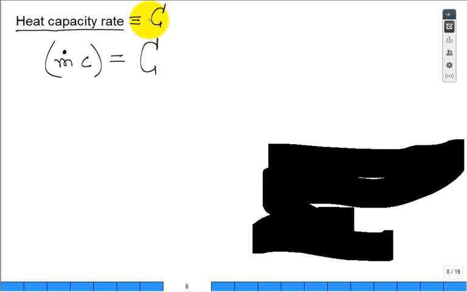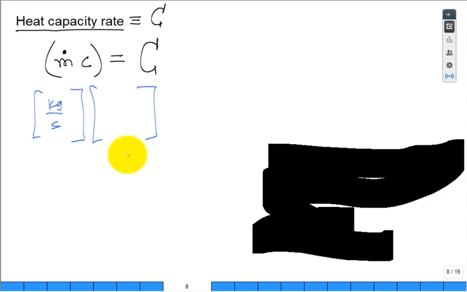And it's very consistent throughout lots of heat transfer literature and heat exchanger textbooks, where the heat capacity rate is introduced as cap C. Let's take a look at the units. What would be the typical units of mass flow rate, m dot? Kilogram per second. What will be the units for specific heat?